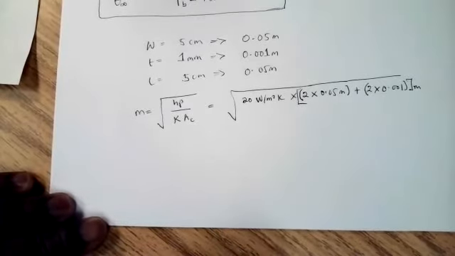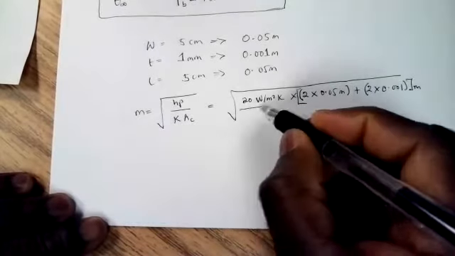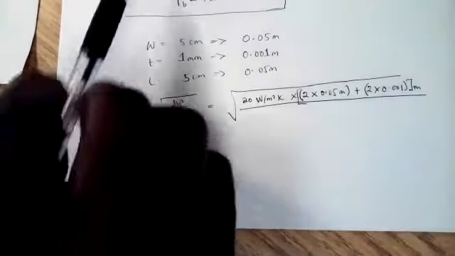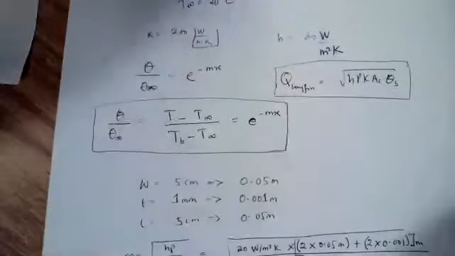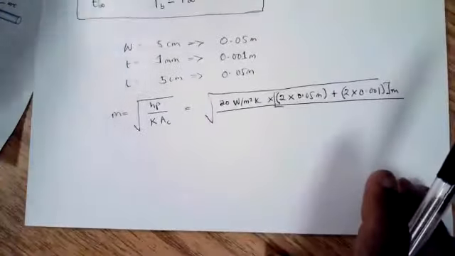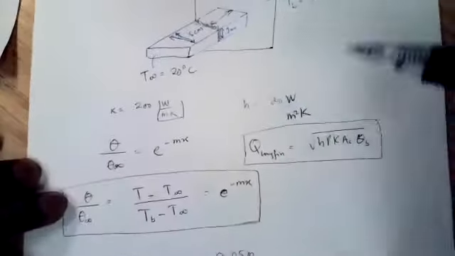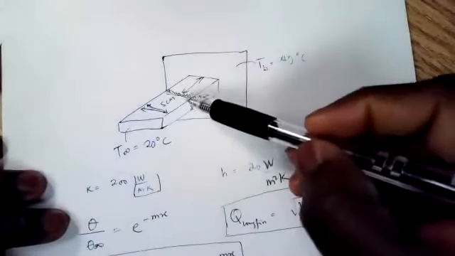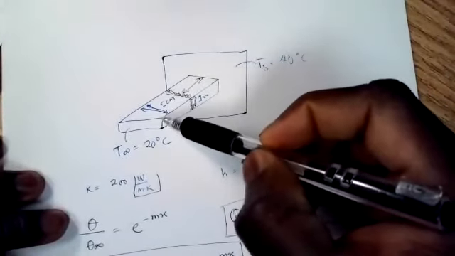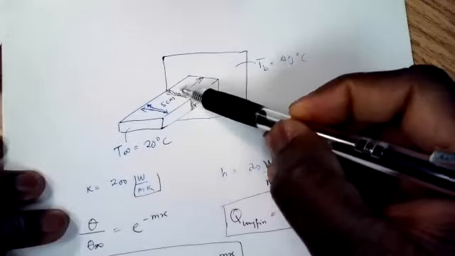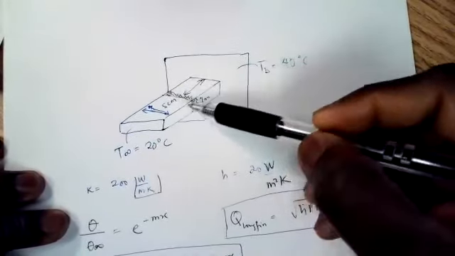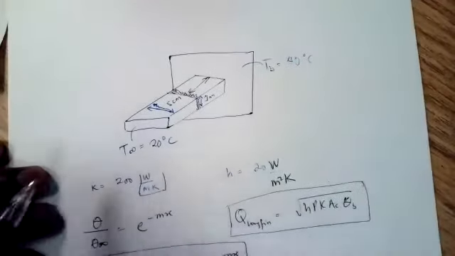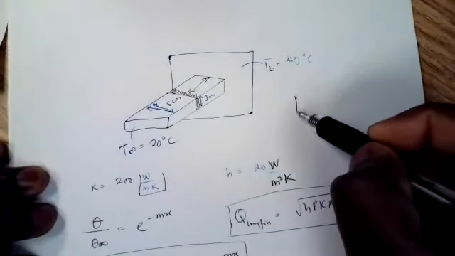Yeah, so all this now divided by, we have a value for k, which is 200 watts per meter Kelvin. And then the area of convection. Now, let me just explain that real quick. Imagine that you take a cross section of this at this point. Let's say we cut this off and we're looking at it from this direction, okay? We're going to see something like this.